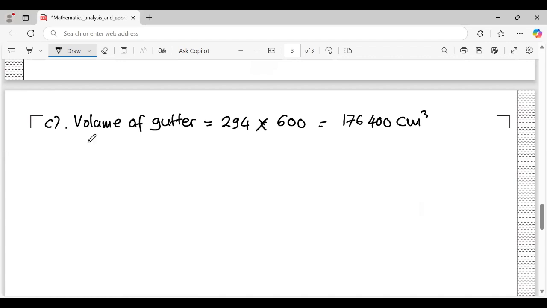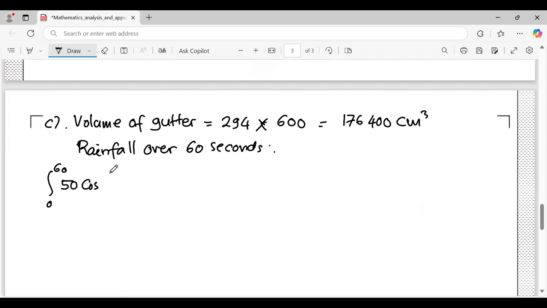And next, we are going to calculate the rainfall. The rainfall over 60 seconds is the integral from 0 to 60 of 50 cosine(2 pi t over 5) plus 300 dt.